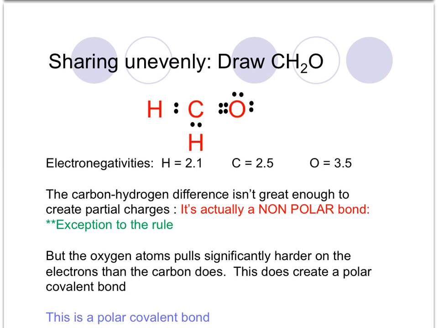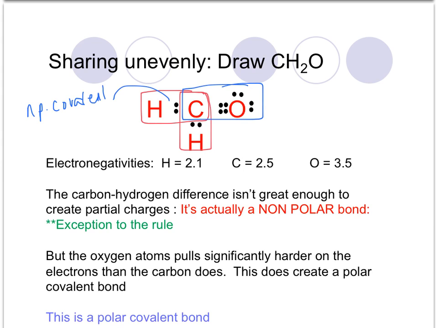When we look at the drawing of CH2O, formaldehyde, you will see that there are actually two different bonds here. We have two carbon-hydrogen bonds, and we also have a carbon-oxygen bond that is double bonded. Both carbon-hydrogen bonds are going to be non-polar covalent. Even though they are two different nonmetals, we want to remember that the carbon-hydrogen difference isn't great enough to create partial charges.